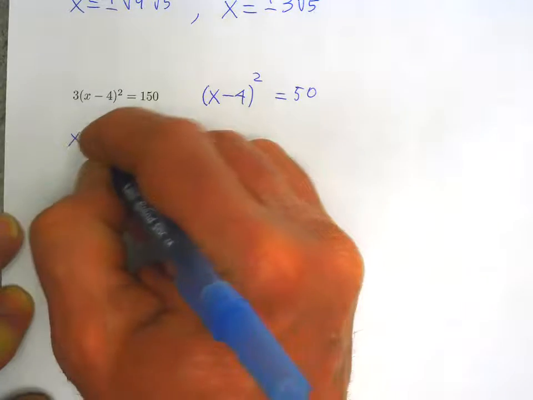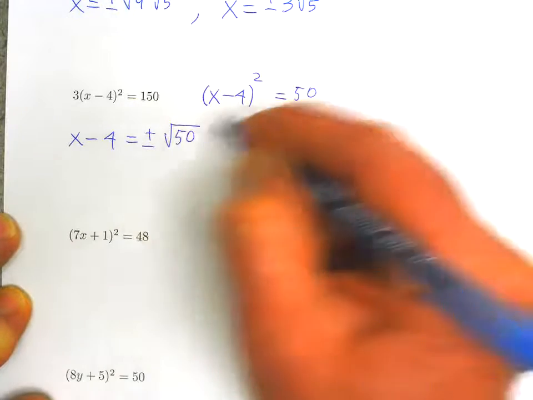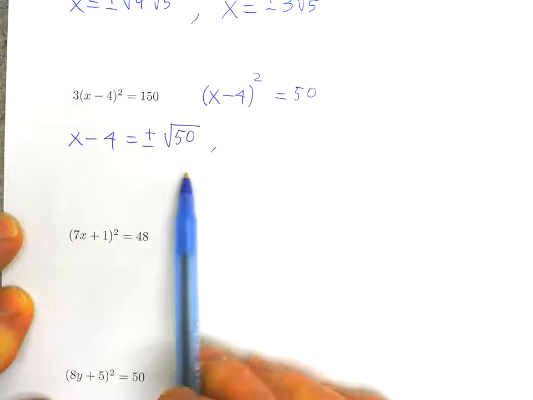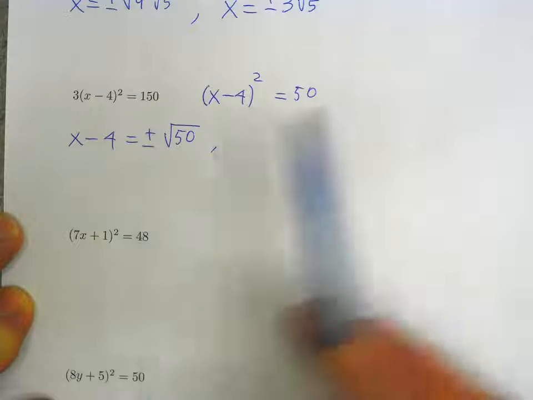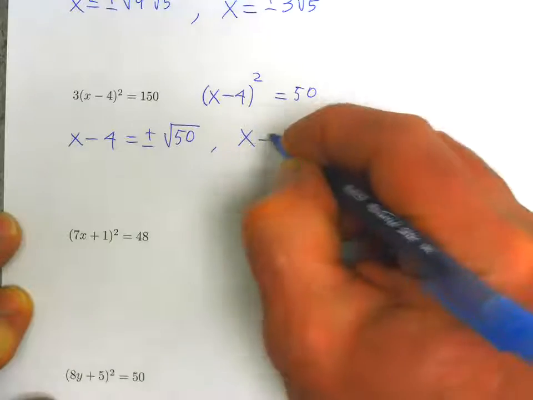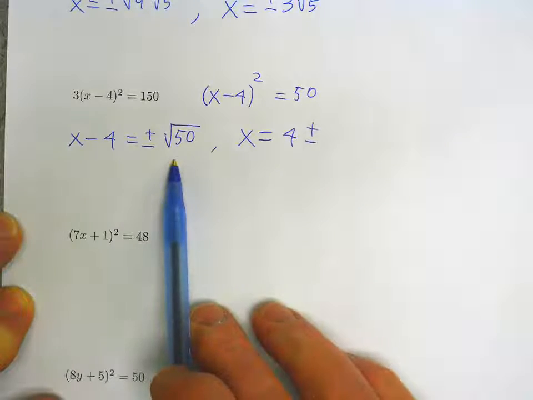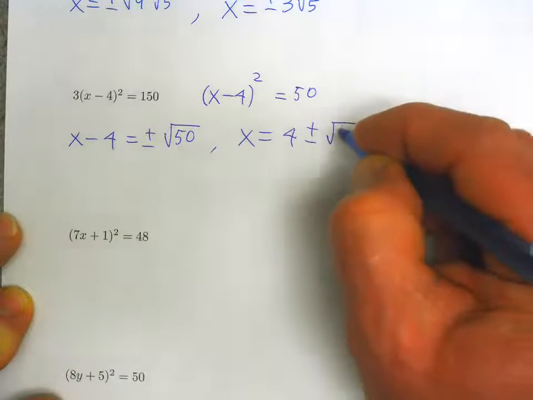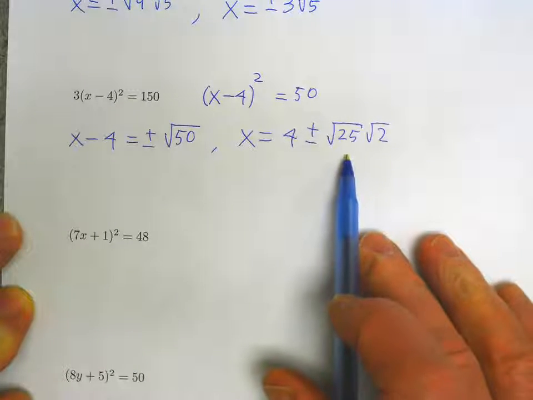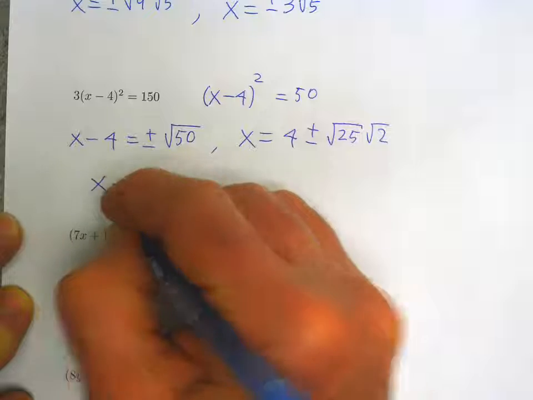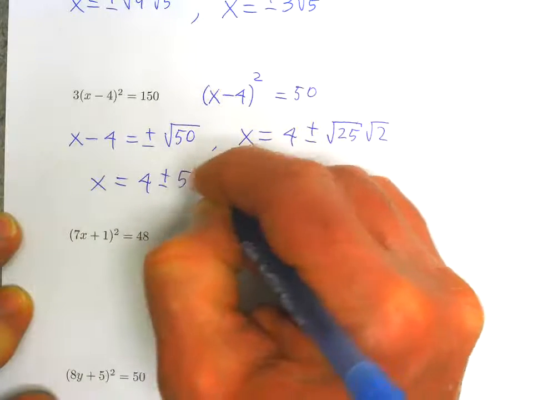So we get x minus 4 equals positive and negative square root of 50. In the next step, I'll add 4 to both sides and start simplifying the square root of 50. So this is x equals 4 plus and minus the square root of 50, which is equivalent to the square root of 25 times the square root of 2. And the square root of 25 is 5. So our solutions are x equals 4 plus and minus 5 times the square root of 2.